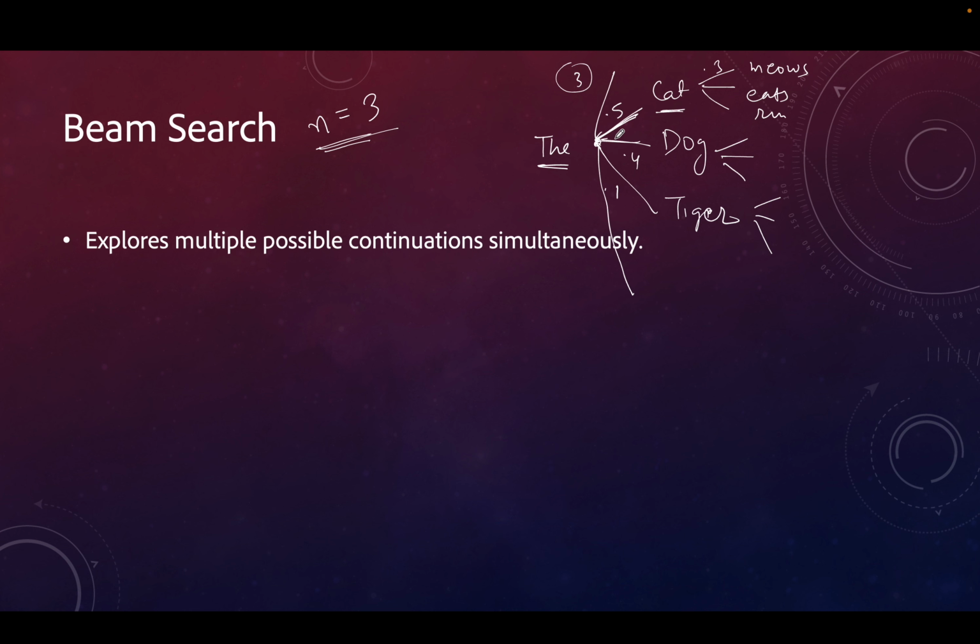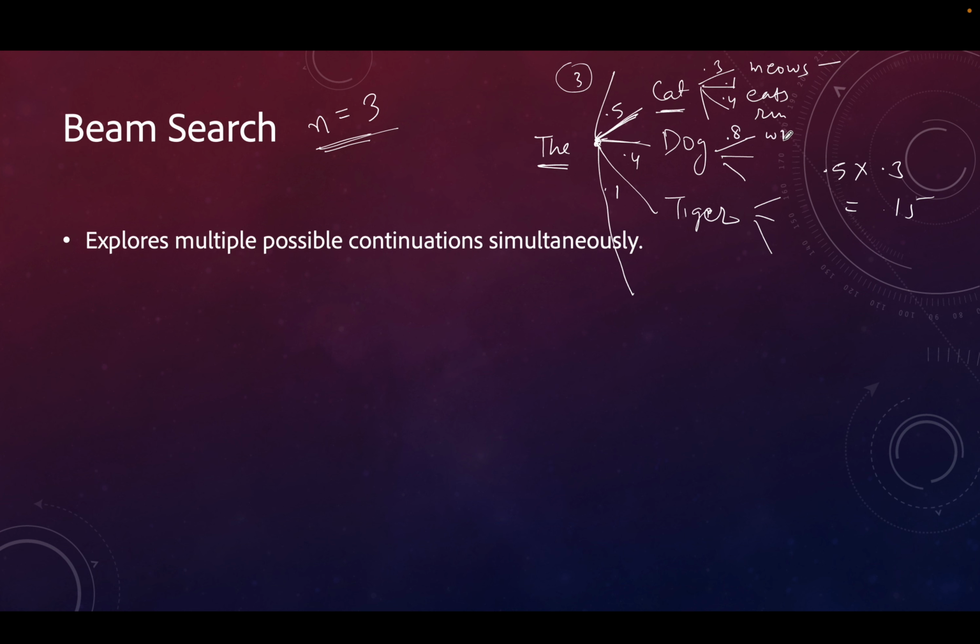Like here in the first step, if you take this branch, and let's say it was 0.1, 0.4, and there are a few more branches. So here it's 0.5 multiplied by 0.3. You can have more branches. So it's 0.15. This branch has 0.4, but let's say one of the words is 0.8.